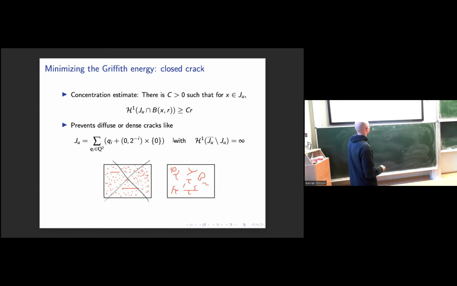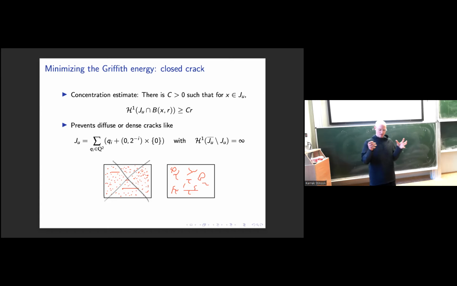But in this case, the H1 measure of the closure without the original jump set is actually infinite because of this. And so we can't have this happen, and really the crack should behave a little more like we would expect, like surfaces, and it concentrates. And so this picture on the right-hand side is more like what you expect when you have a strong minimizer.